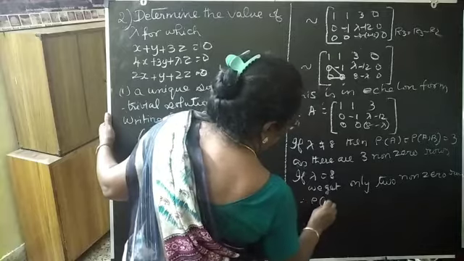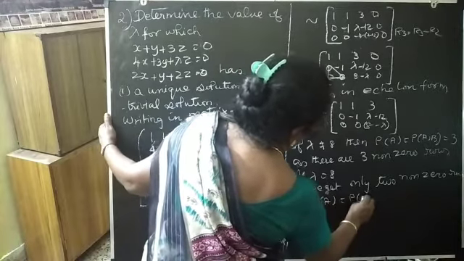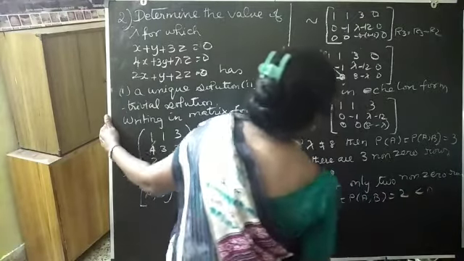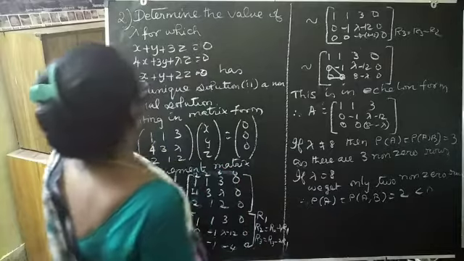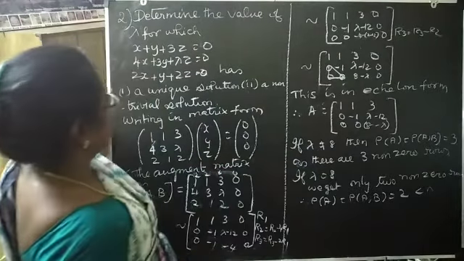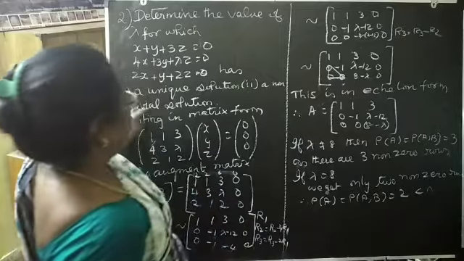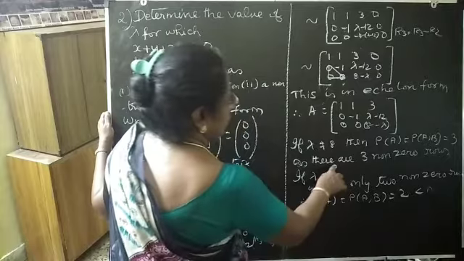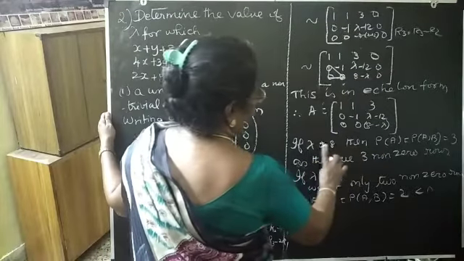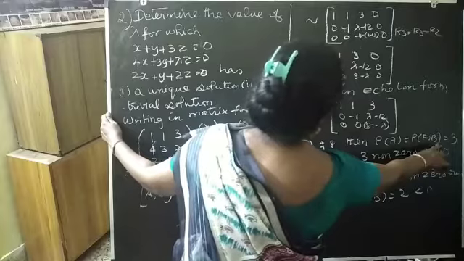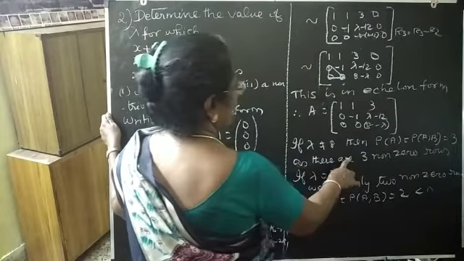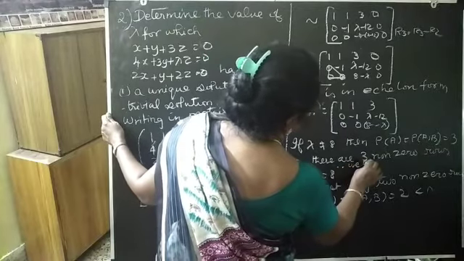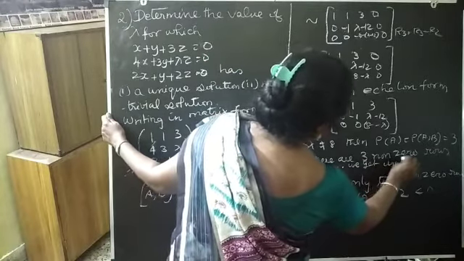Therefore, rank of A is equal to rank of A comma B is equal to 2, which is less than n. Hence, in this case, you will have a non-trivial solution. So here, when lambda is not equal to 8, we get 3 non-zero rows, therefore we get a unique solution.